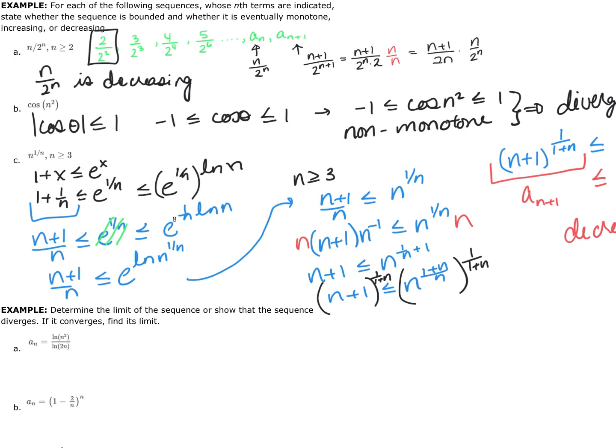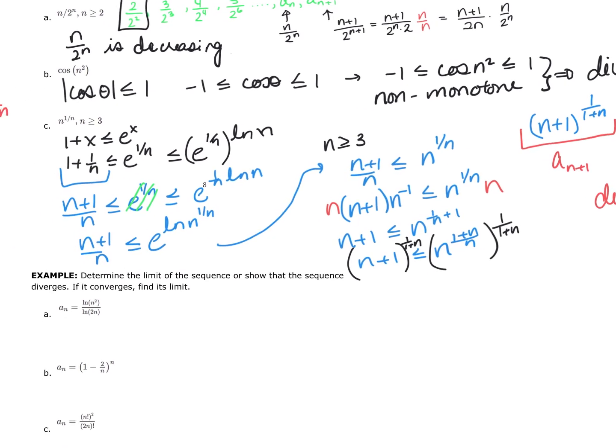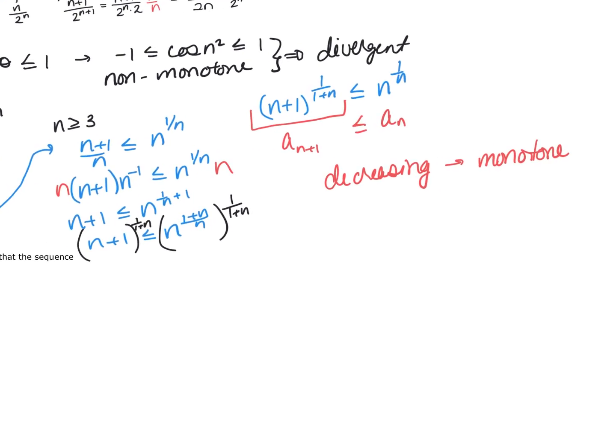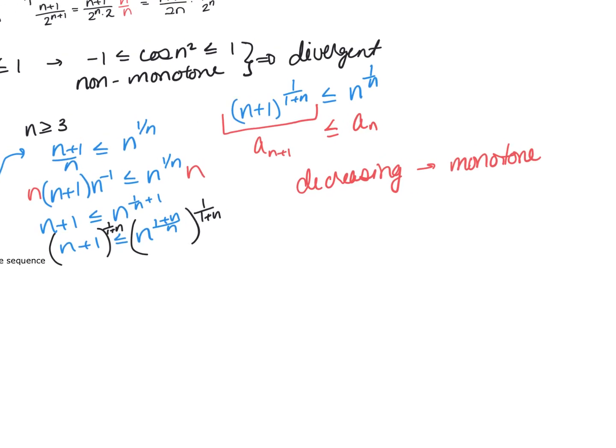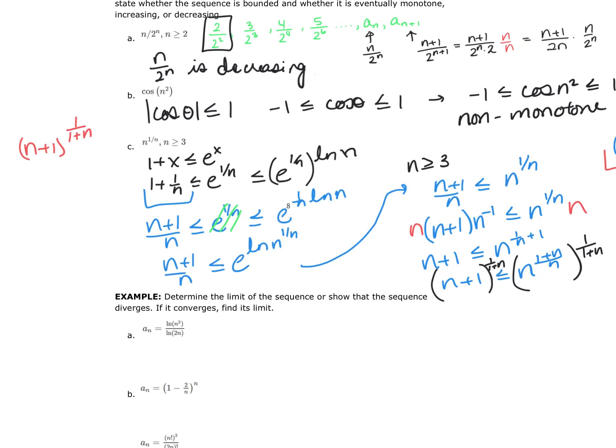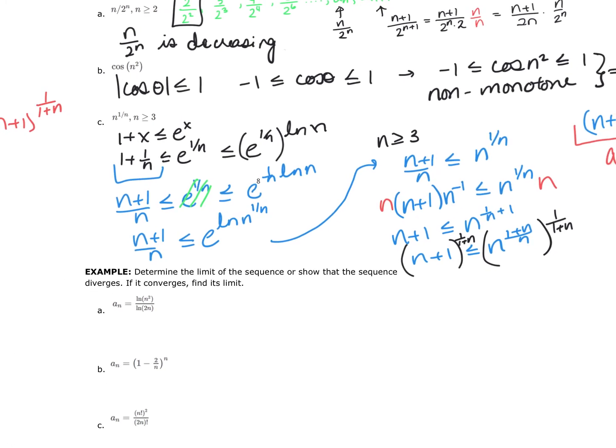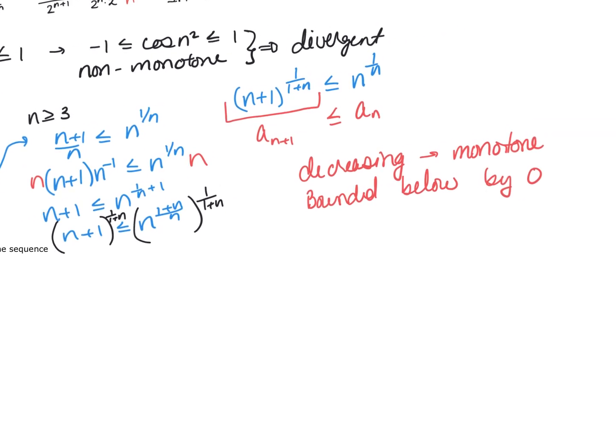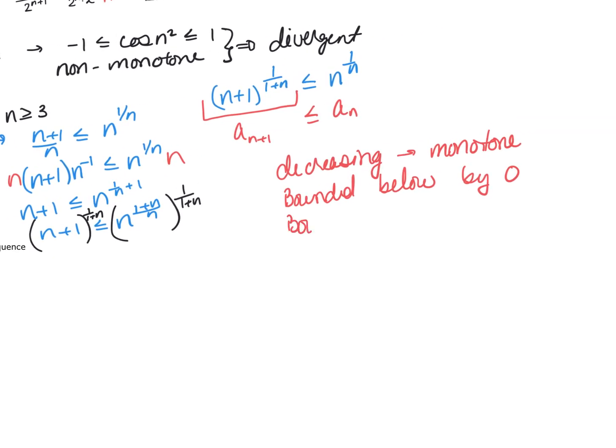And we also know that it's going to be bounded below by 0, because this is never going to be equal to a negative number. If we're decreasing the entire time, the highest number I'm going to have, so bounded above, is going to be my first term.